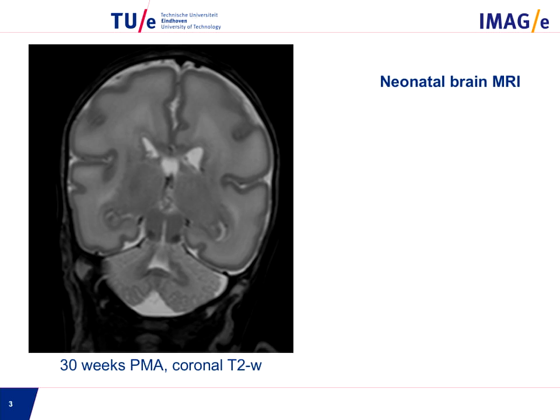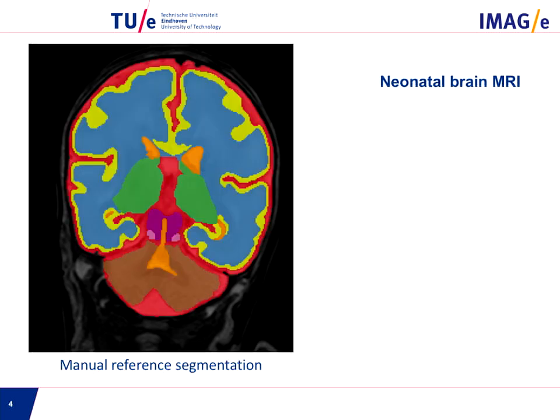So if we have a brain image like this, I've mostly worked on neonatal brain imaging, and this is a brain of a preterm infant born before 28 weeks and then imaged at 30 weeks of age. It's a coronal T2 weighted image. In segmentation, what we'd like to do is label every voxel in the image as belonging to, for example, tissue types in this case.